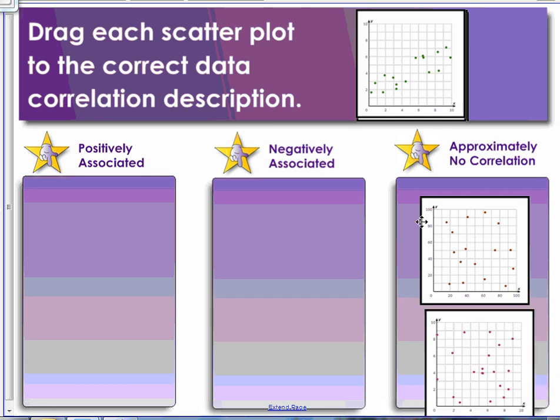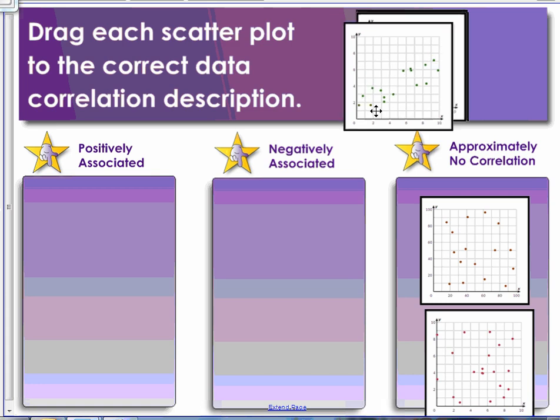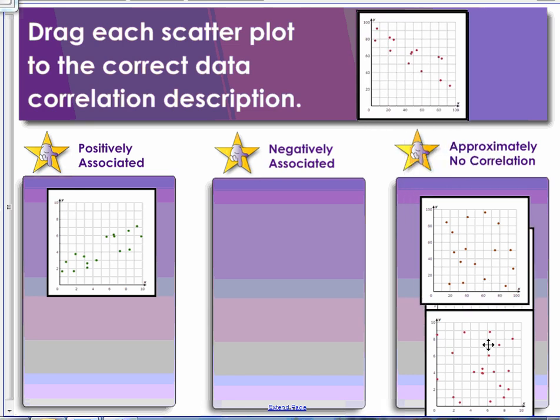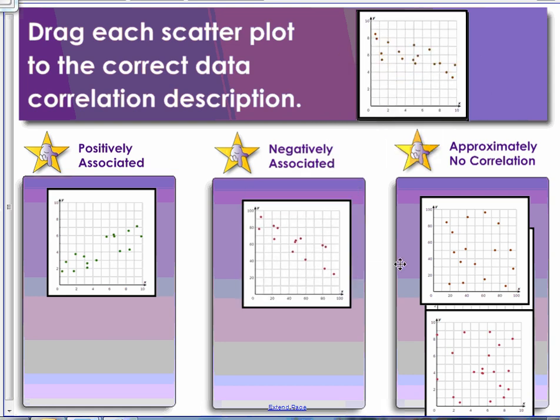Now, if you look at this one, you will notice that the data tends to go up, so that would be over here. In this case, we have another no correlation. In this one, you can see the dots tend to go down, so that would be a negative.